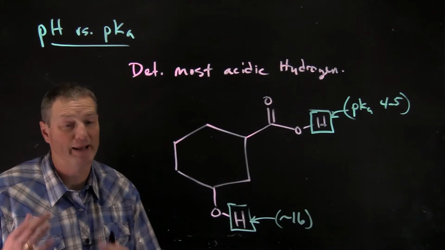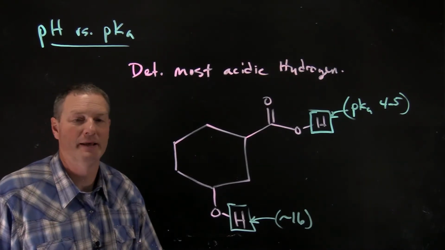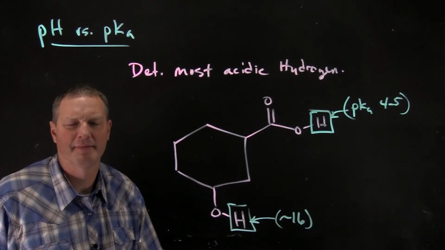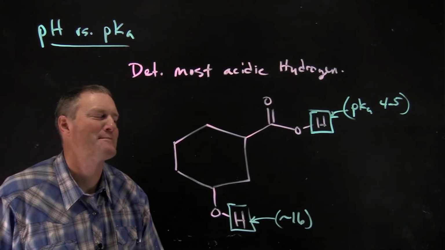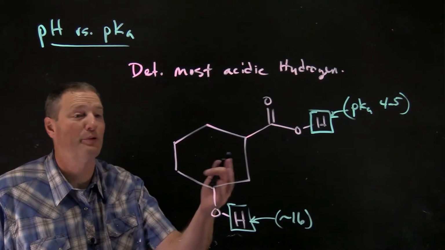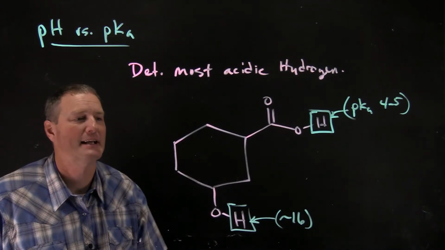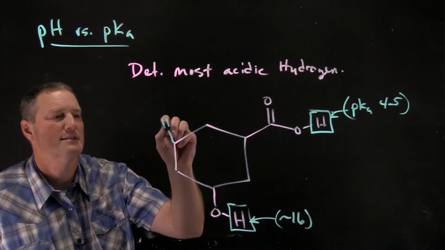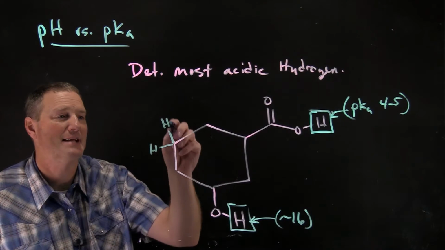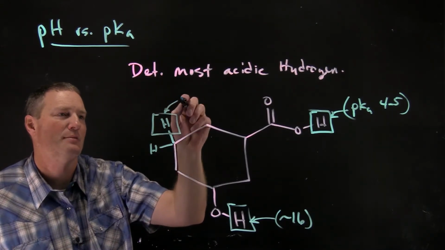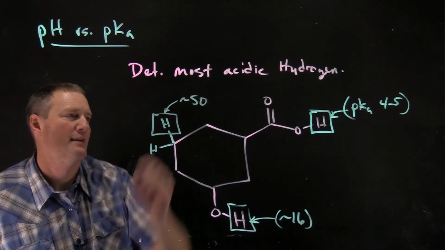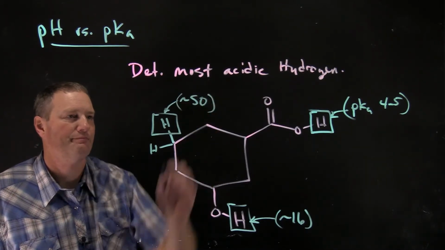Again, you may want to go back and look at that table and have a pretty good idea of where they are. Now, there are other protons that potentially could be acidic. Let's look at one of these. This would be an alkane type proton. The pKa of that is going to be approximately 50.